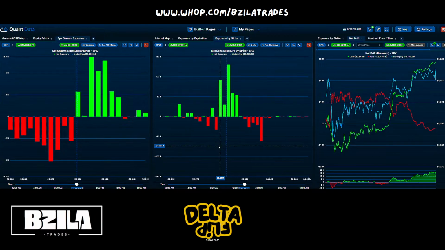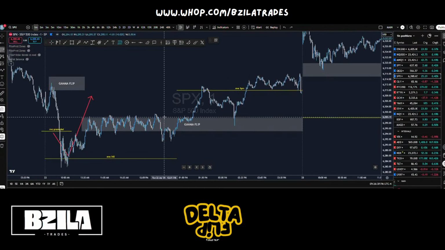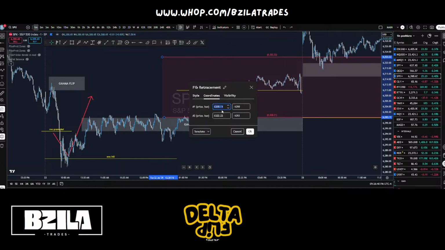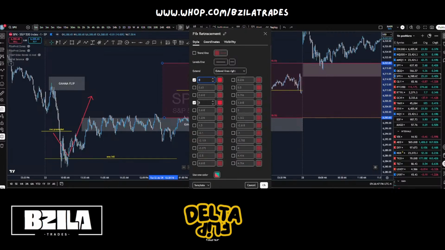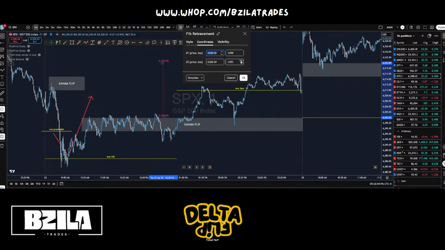So that delta starts to change. Now this looks pretty good for the upside. We're net long 6,300 to 6,320. Like, let's mark our up. Net long here. Red means green.